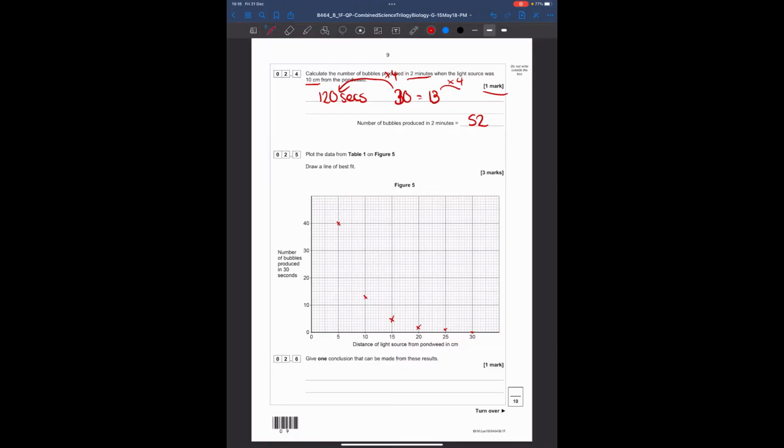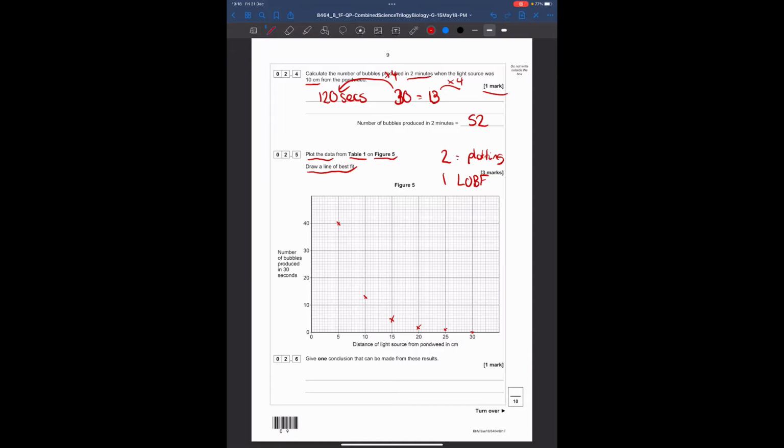It then asks you to plot the data from table 1 on figure 5 and to draw a line of best fit. I've already pre-plotted these points on here, and you would get 2 marks for accurate plotting. You would then get 1 mark for your line of best fit.